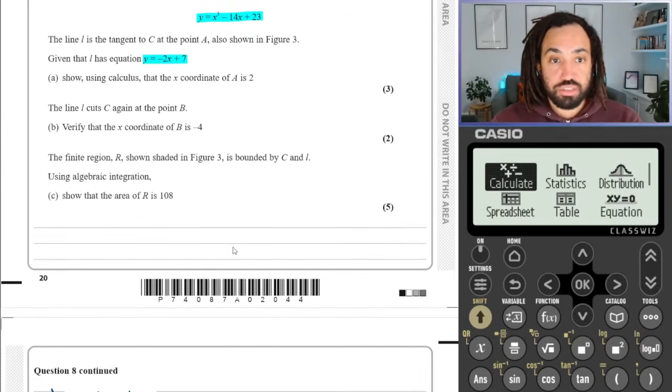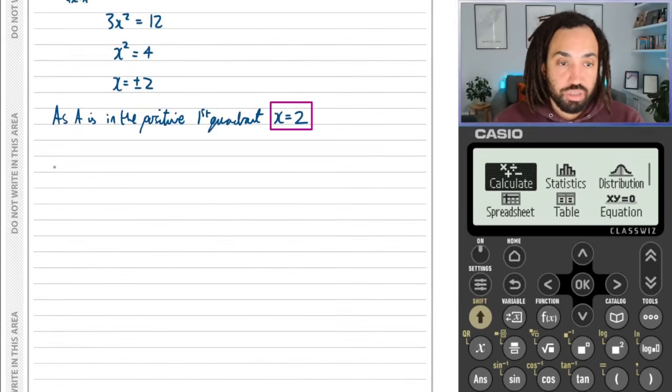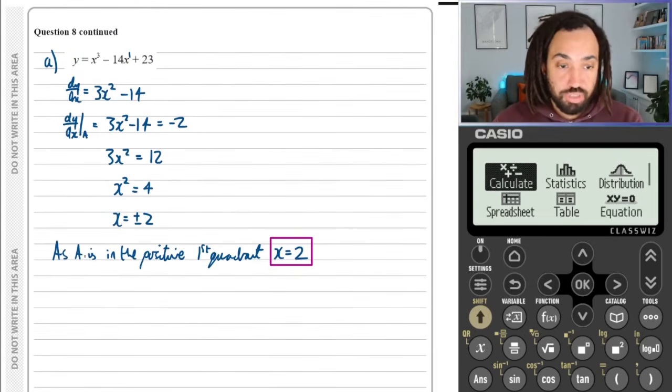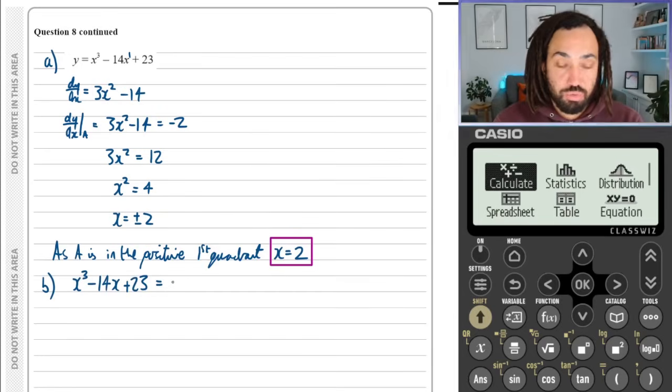So let's do that. So we're going to say that the cubic, which is x cubed minus 14x plus 23, I want that to equal the straight line, which is minus 2x plus 7.